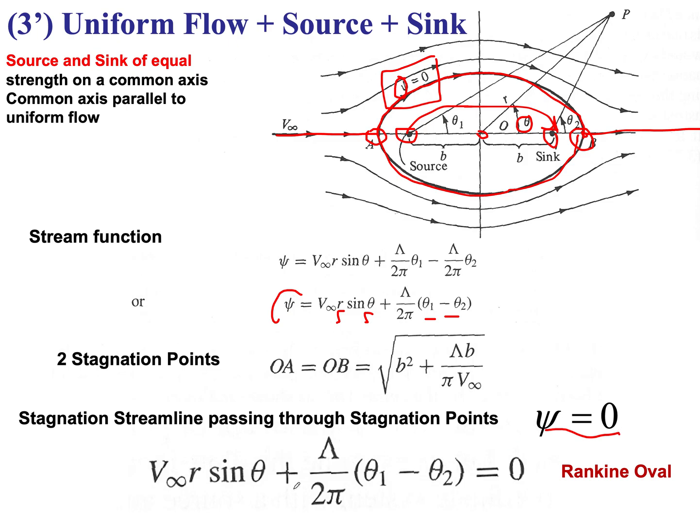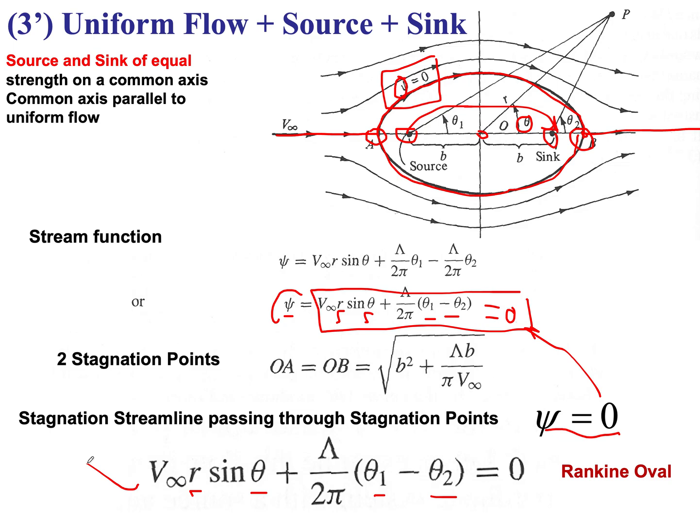You plug psi equals 0 right here, and we get a relationship between r and theta. In fact, we have theta 1 and theta 2. That is very easy to plot in MATLAB.